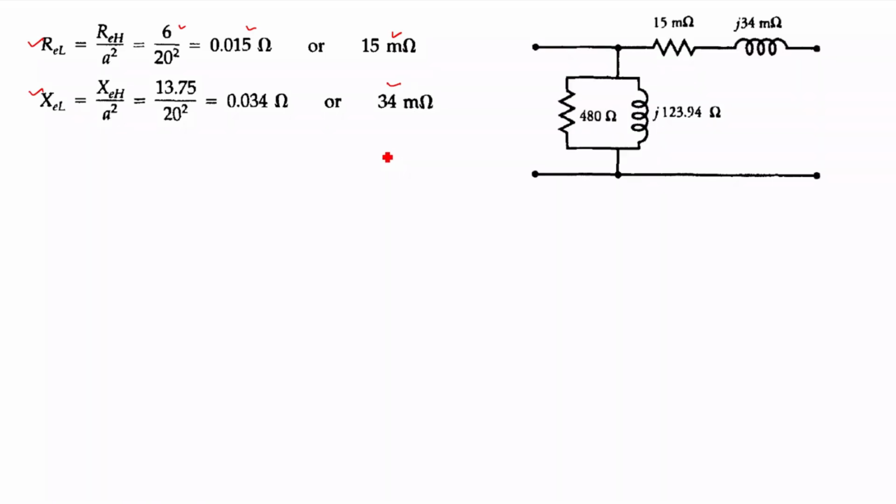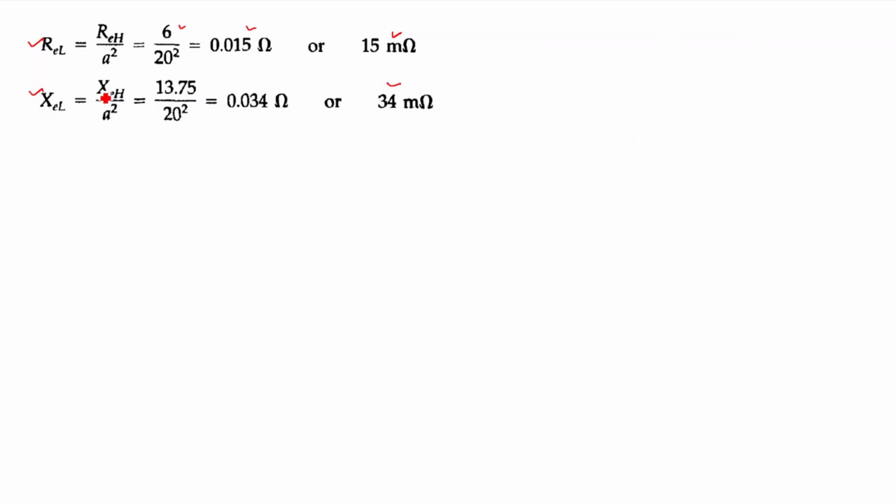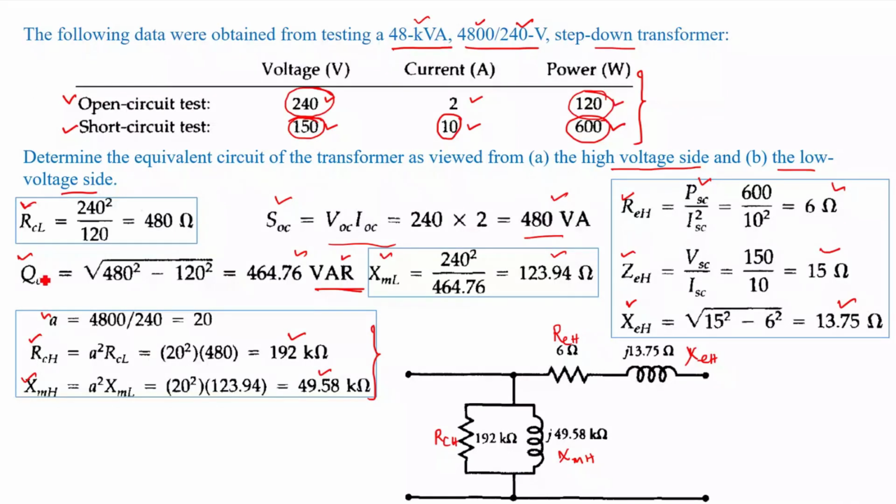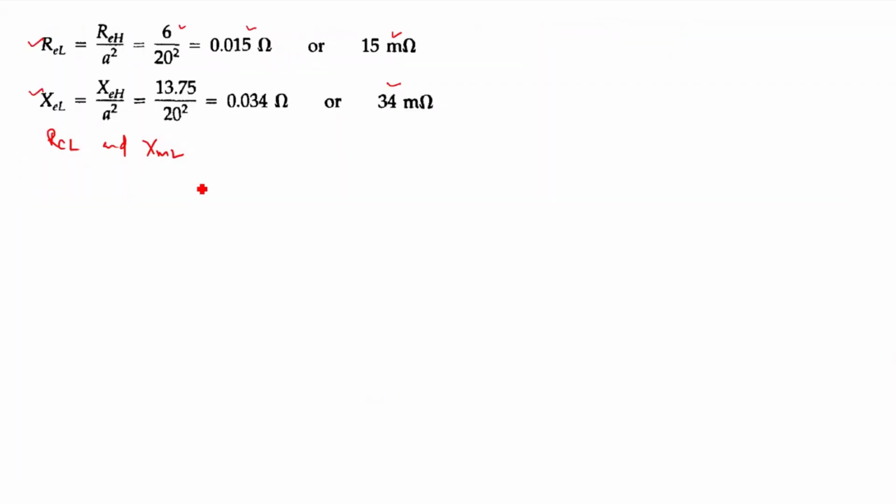Then on the low voltage side, I know RCL and XML from the previous slide. RCL is 480 ohm, XML is 123.94 ohm. So now all the parameters on the low voltage side are known.